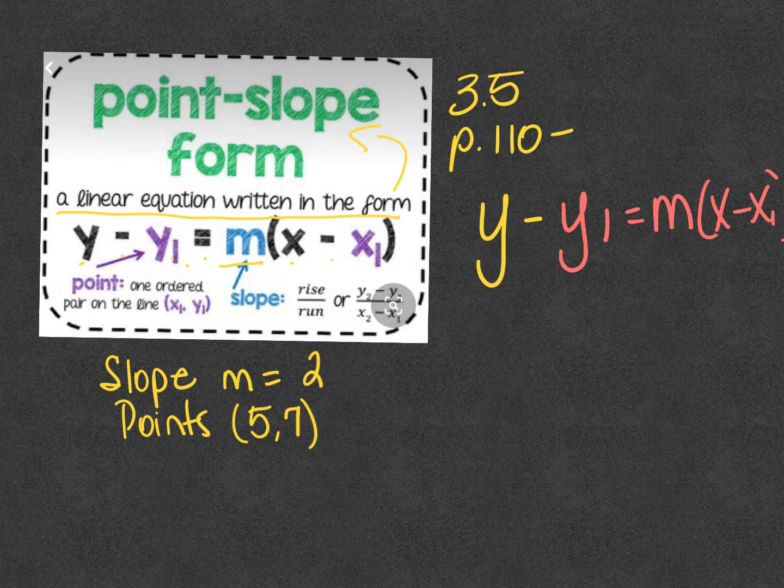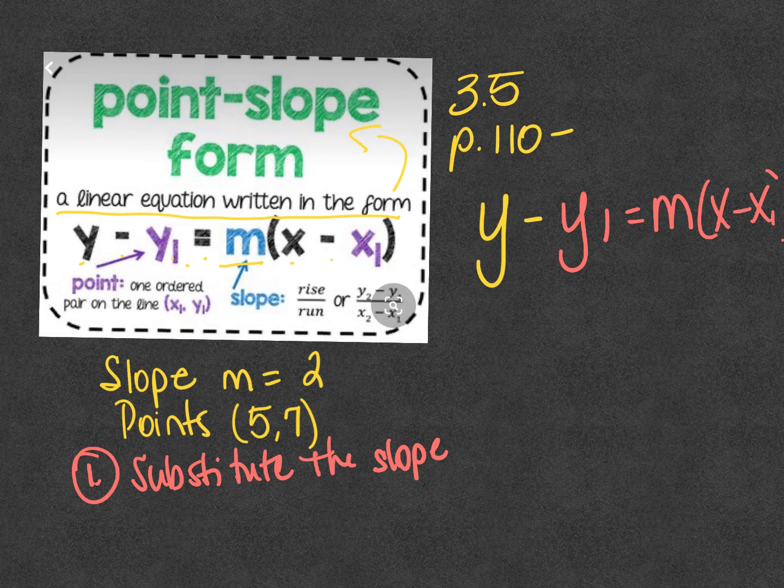All right, now your first step here is to substitute the slope and point into the point-slope form, okay? So we have y minus y1.